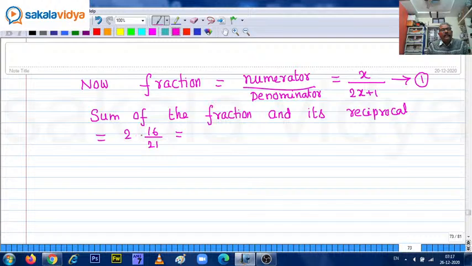That means 21 into 2, 42, plus 16 upon 21. You need to change it into an improper fraction. This will be 58 upon 21.